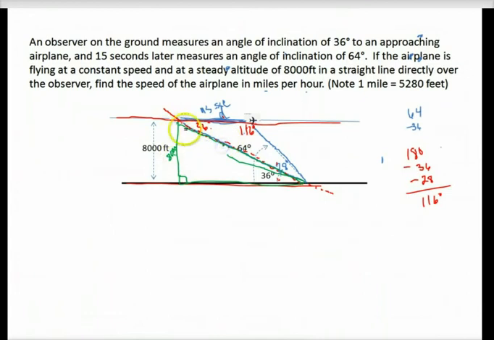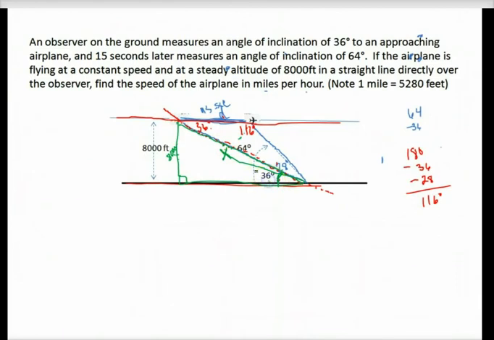I have the side length 8,000 and I want the length of that hypotenuse right there. I'm going to go ahead and call it x. I know this angle is 36 degrees. I was told that. Okay. What am I dealing with here? Sine, cosine, or tangent? If we're working with this angle, I have this side and I'm looking for the hypotenuse.